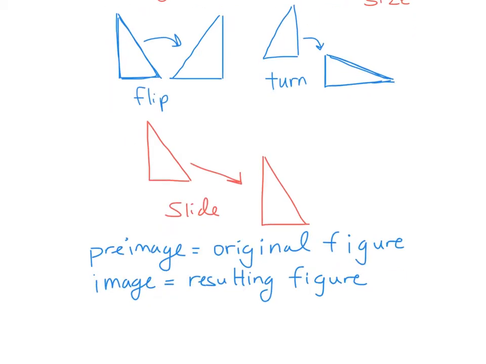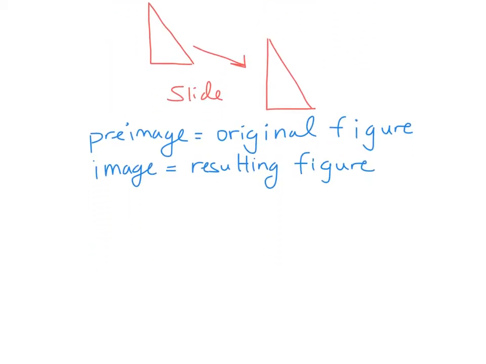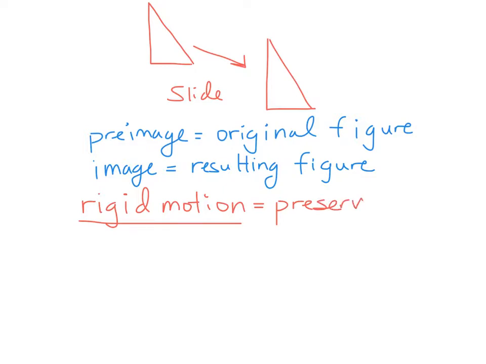With these transformations, some of them will be what is called a rigid motion. A rigid motion, we say it preserves distance and it preserves angle measure.